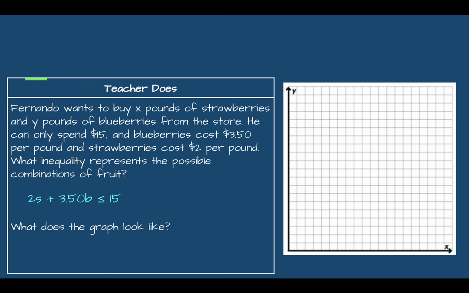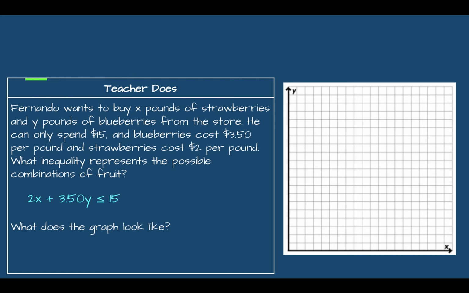This in itself could be a good inequality to use. However, it does tell us that we want to buy X pounds of strawberries and Y pounds of blueberries. So I'm going to switch X and Y in for S and B. Now I have my inequality that I can use for the situation.